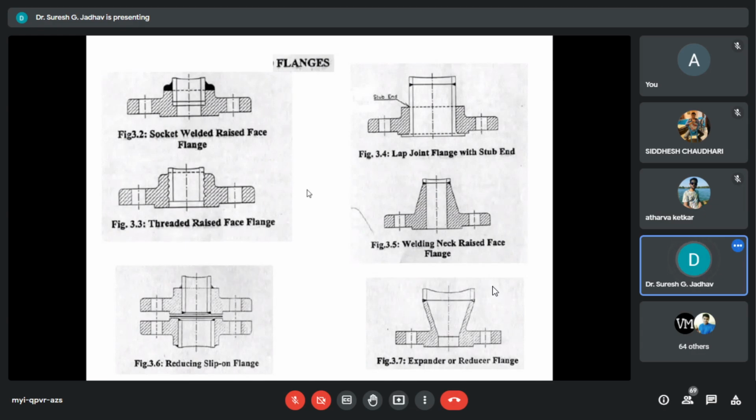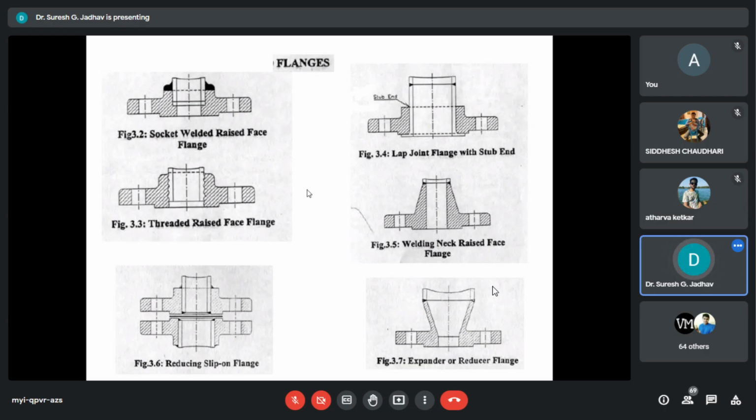There are some types of flanges developed by manufacturers. Here we can use MSS-SP-43. That kind of standard is used to manufacture different flanges which are not covered in the code, meaning ASME B16.5.